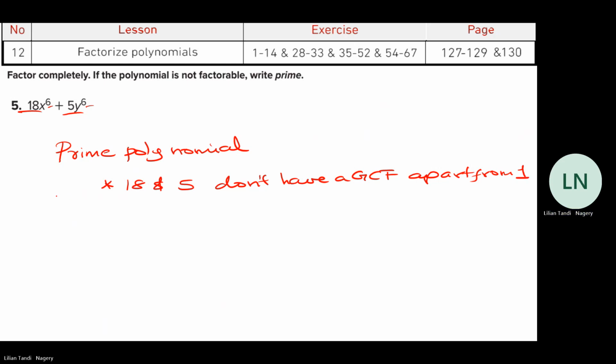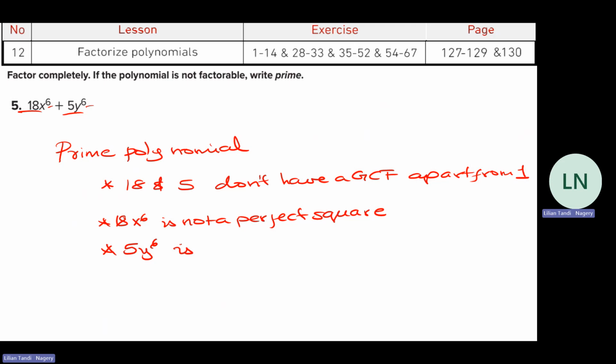Okay. And 18x to the 6th is not a perfect square. 5y to the 6th power is not a perfect square or perfect cube.